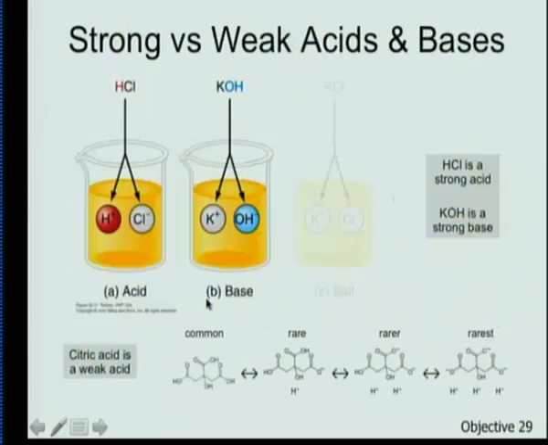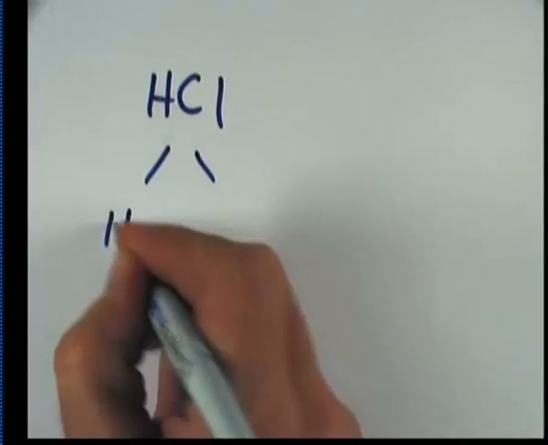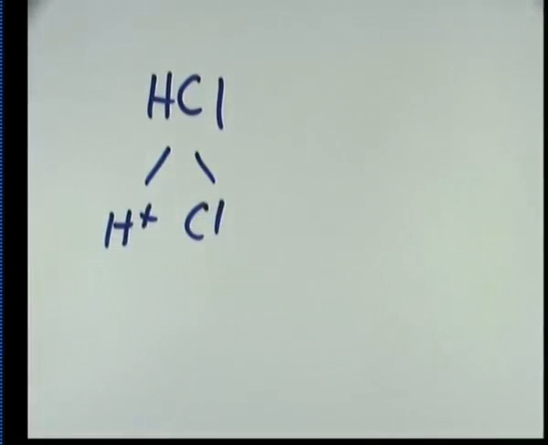Now, as we describe when these become strong acids versus weak acids, strong bases versus weak bases, we describe them in the relationship of, well, how many of those ions does it release? So, for example, if we look at, I'm going to draw this, the situation with hydrochloric acid, HCl, when placed in water, it dissociates into its ions, a given number of hydrogen ions, a given number of chloride ions.